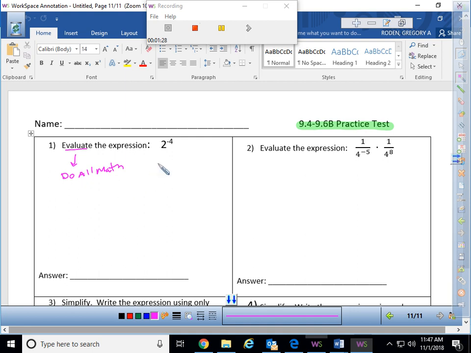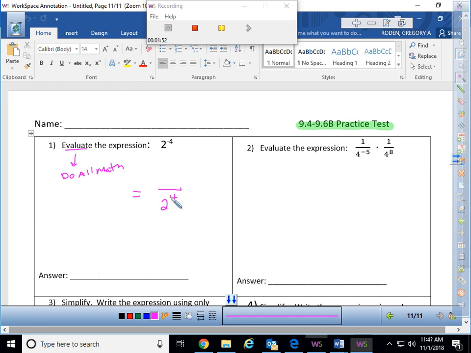Alright, so when I'm looking at this thing, the first thing I'm seeing is a negative exponent. I do not like negative exponents. So how do I get rid of them? Well, I make a fraction out of it. So really what I have to do is send this 2 to the negative fourth downstairs, but when I send it downstairs, I have to get rid of that negative.